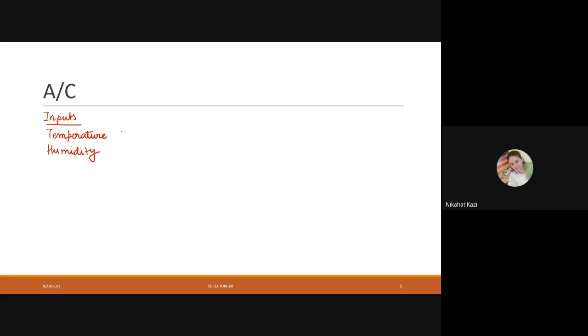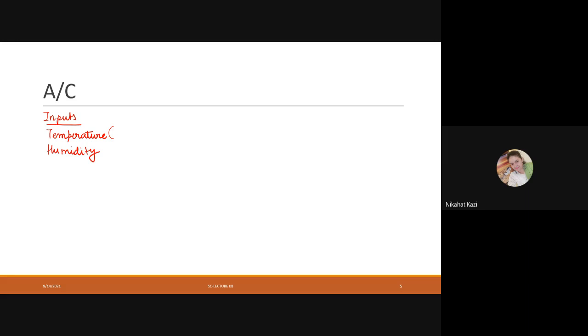You are going to decide what will be the linguistic variables. As a designer of the system, you are going to decide what will be the linguistic variables which will define these fuzzy sets. Whenever you're saying temperature, you need to decide different ranges based on which you will write the rules later on.